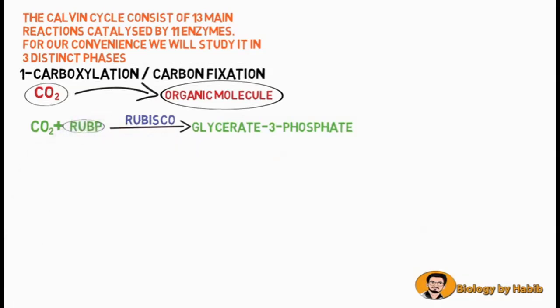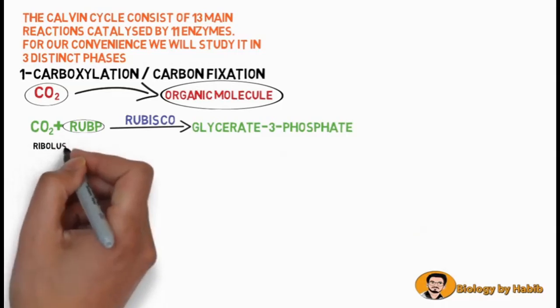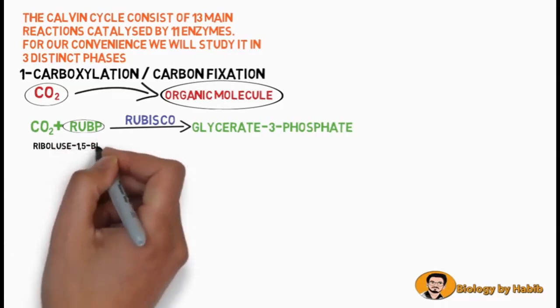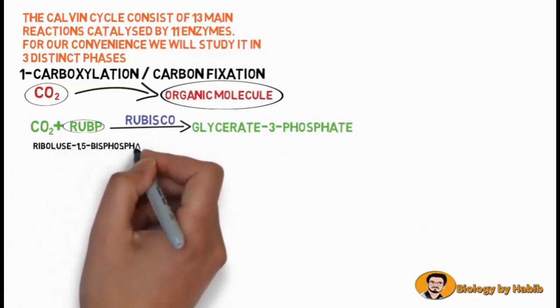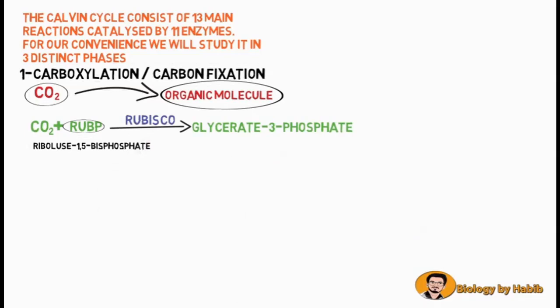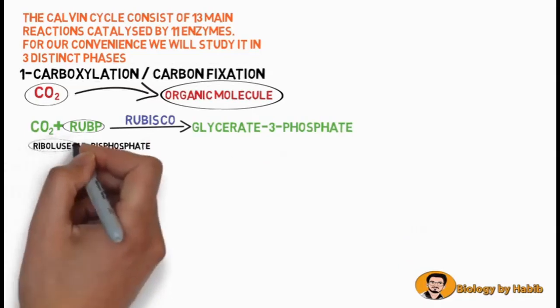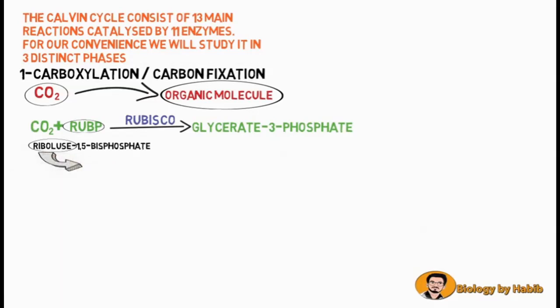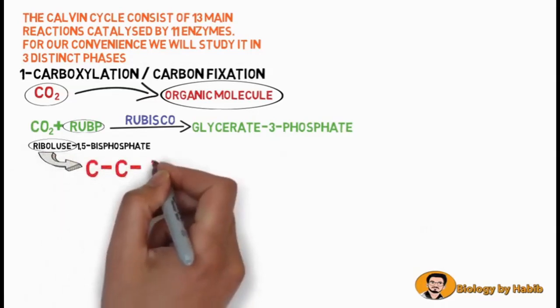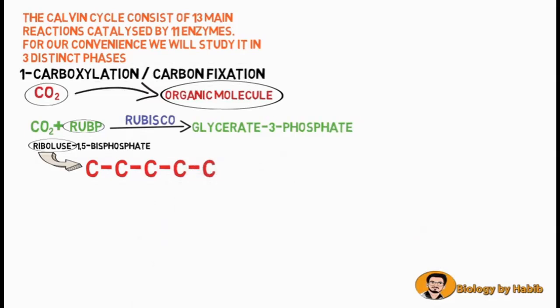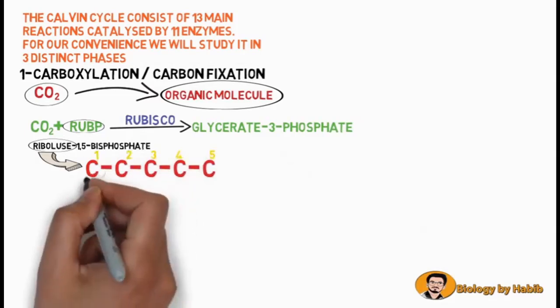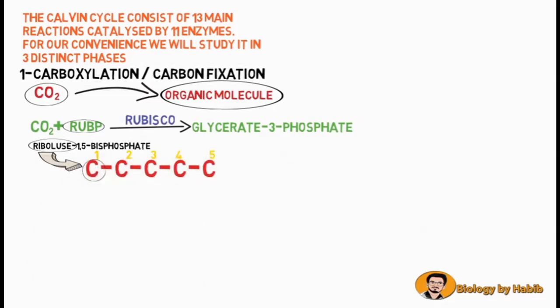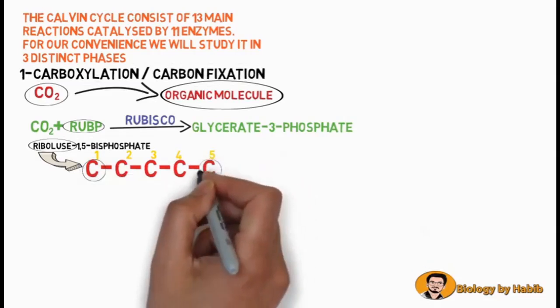What is RuBP? RuBP means ribulose 1,5-bisphosphate. What is ribose? Ribose is a pentose sugar, which means a sugar molecule which consists of 5 carbon atoms, in which carbon number 1 and carbon number 5 are attached to phosphate groups.